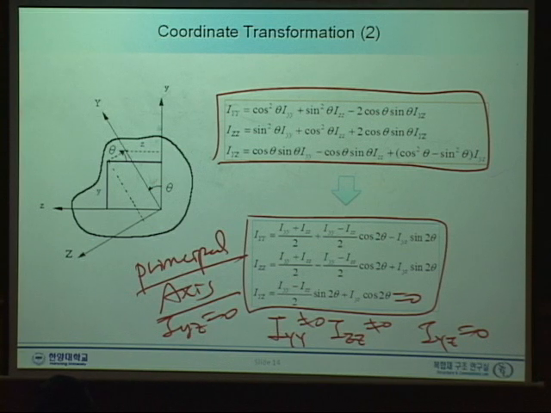The reason why there is a similarity or identity between this transformation and stress or strain transformation is that this is simply a second order tensor. Mathematically it has the same characteristics, and that is the second order tensor.